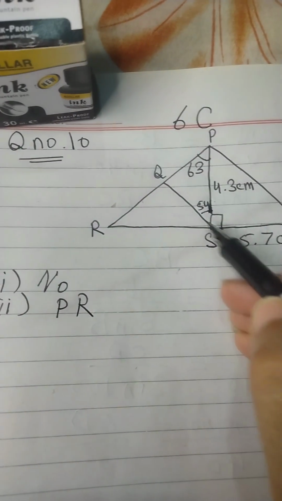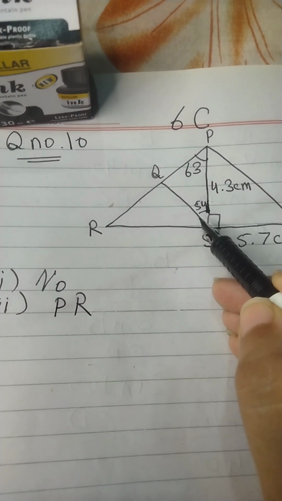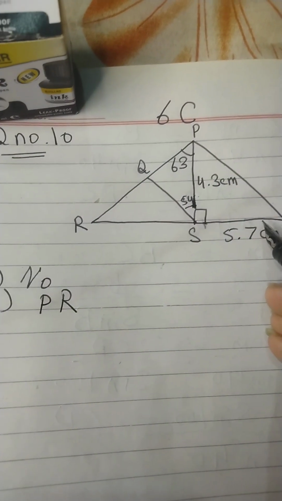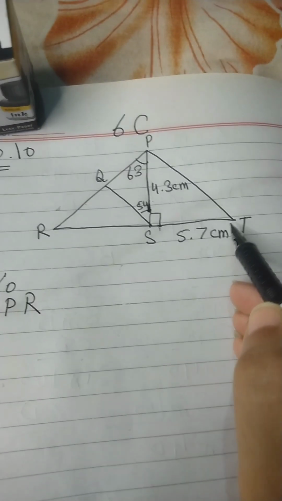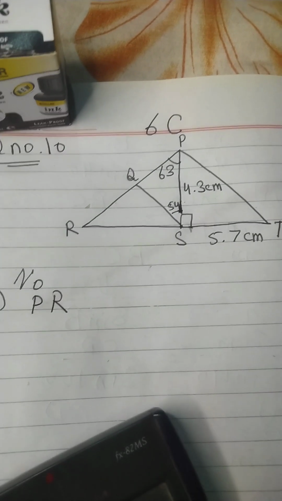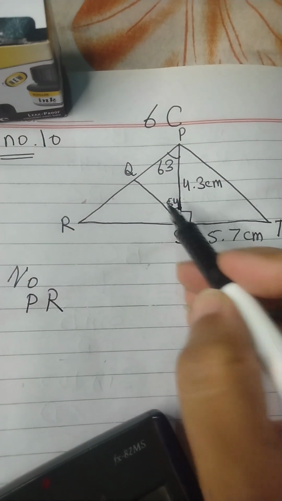Opposite to PR we have angle 54 and this one. If this is 90 degrees, RT is 180 degrees, and we have this 90 degrees, this 54 degrees.